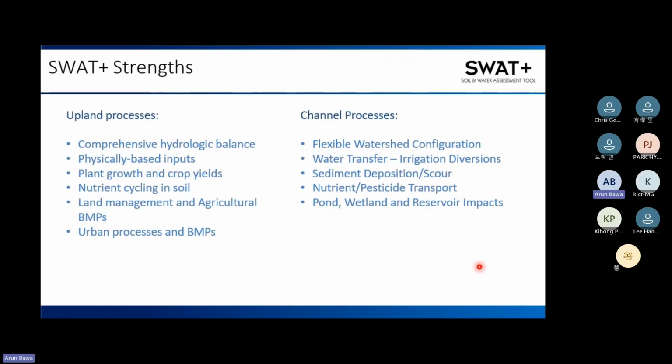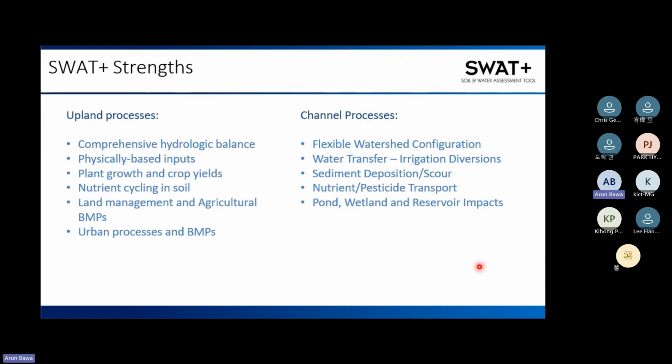There are two sources of error when you are developing a SWAT model. The first source of error is your input data. If you have better quality data, you will get better results, right? Well-defined topography, well-defined land cover, well-defined soil, better response.